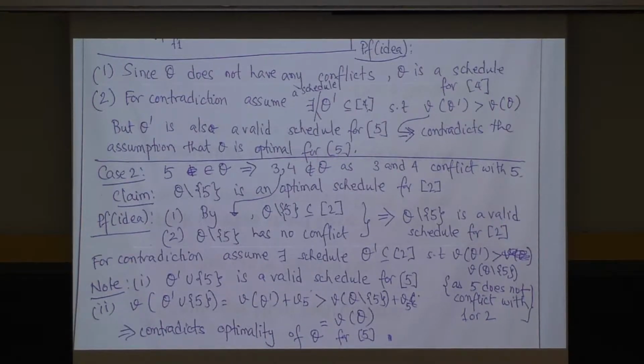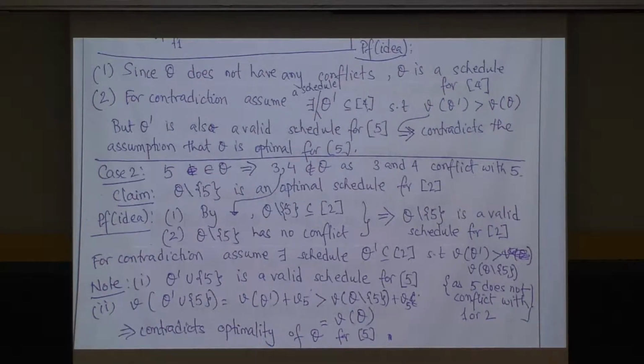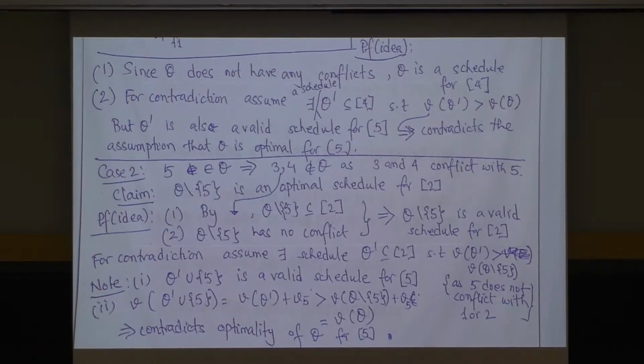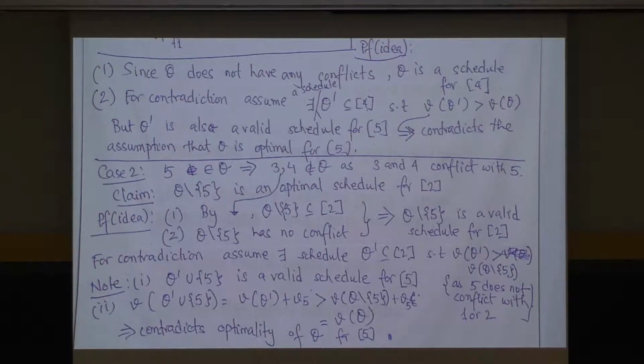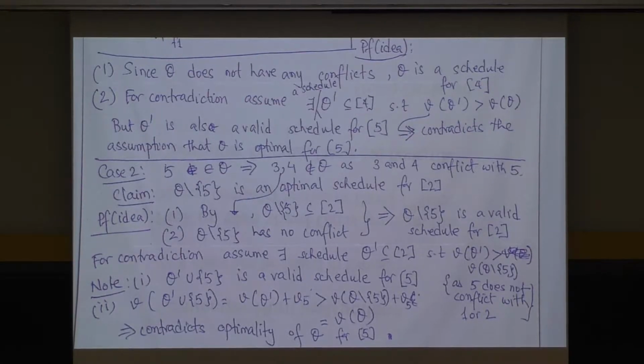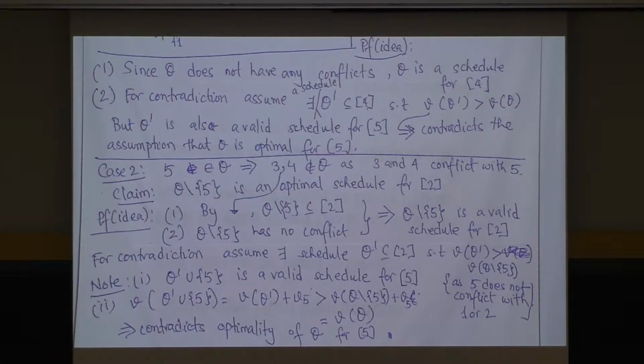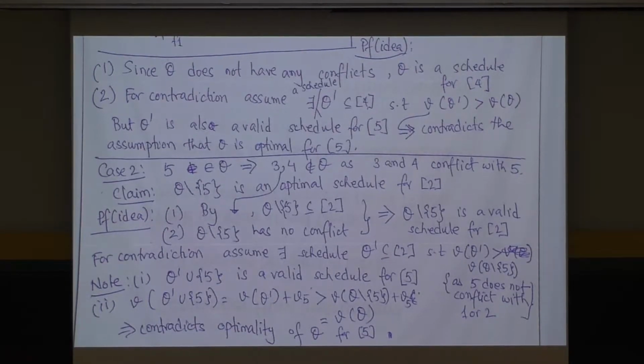In the other case we've argued, if 5 is indeed in the optimal solution, then if you drop 5, what remains is actually an optimal solution for 1 and 2. In both cases, you have some more idea about the optimal solution in terms of optimal solutions for smaller problems.